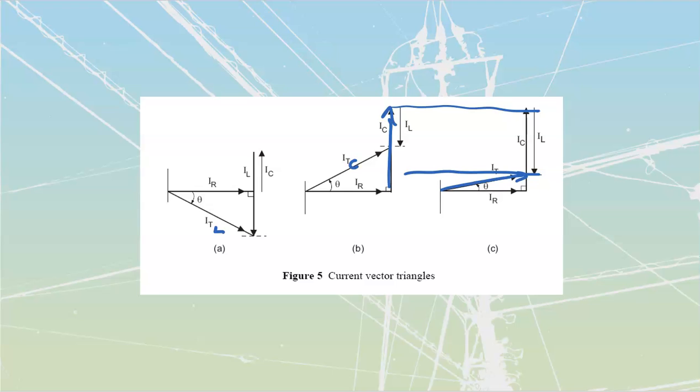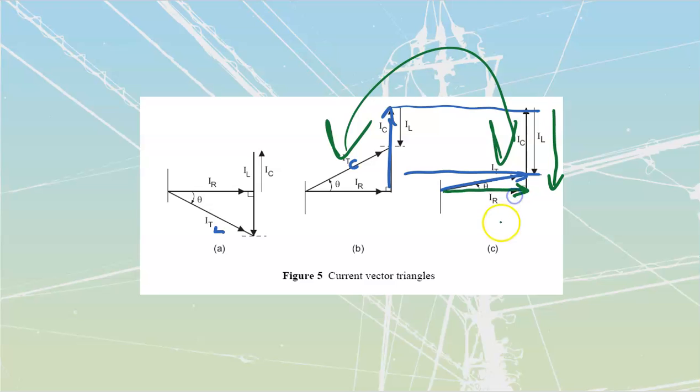Now, if you were to physically take a tape measure and compare this IT and this IT over here, you would see that this one over here is going to be smaller. And if I continue to increase my IL like that, I would be able to push this thing all the way down until eventually my IT was going to be the same as my IR.